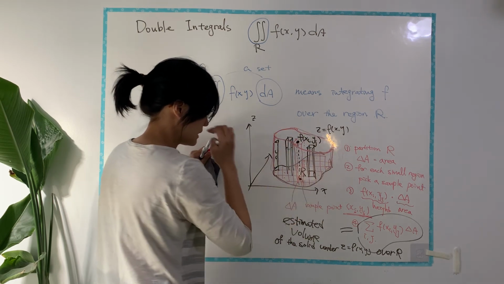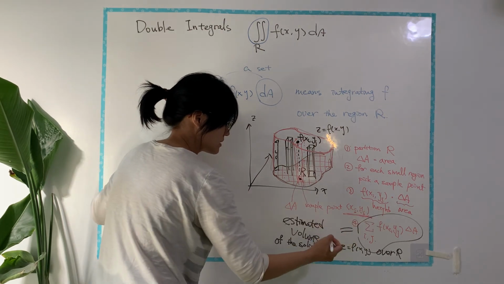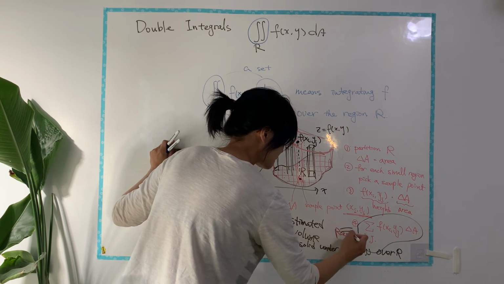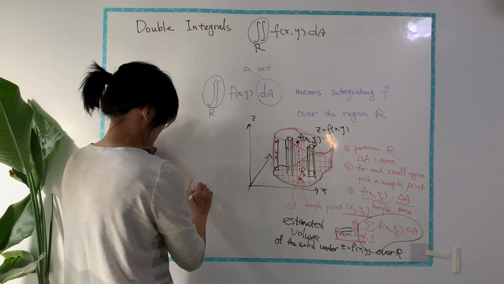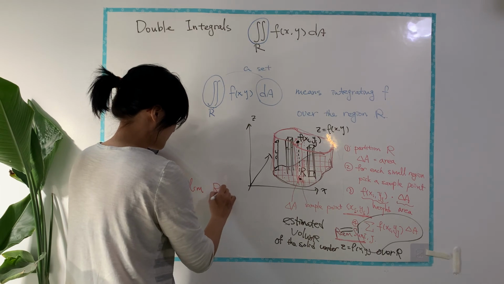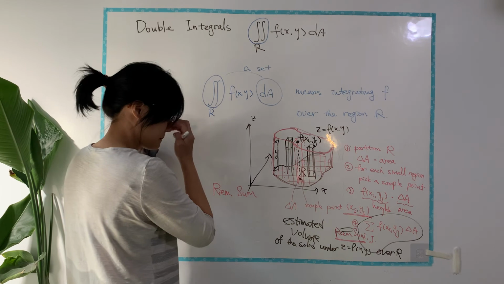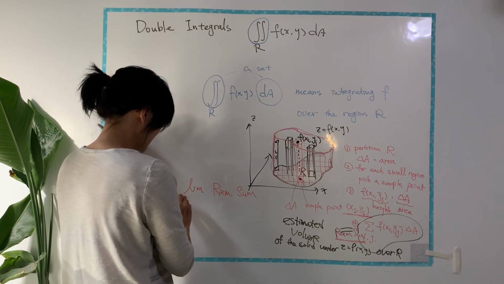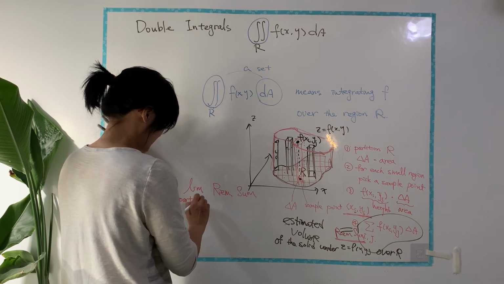This sum is called a Riemann sum. When I take the limit of this Riemann sum, by taking the limit of the partitions, what does that mean?